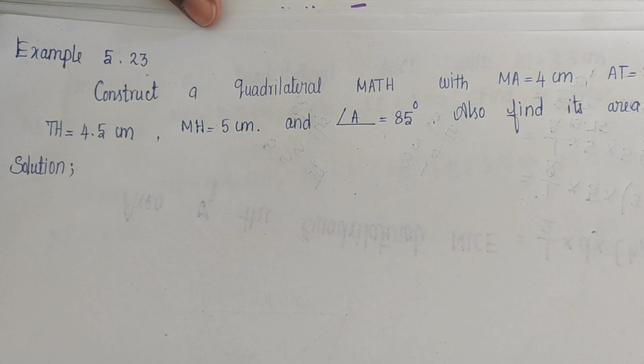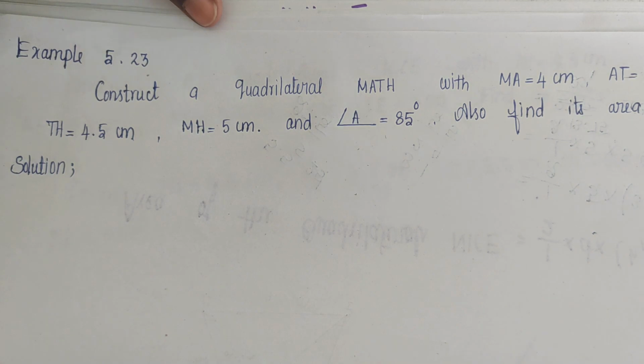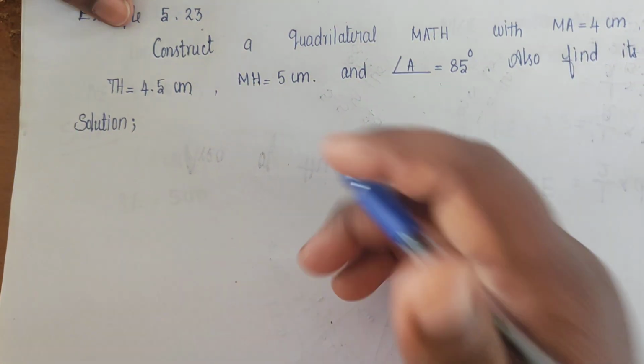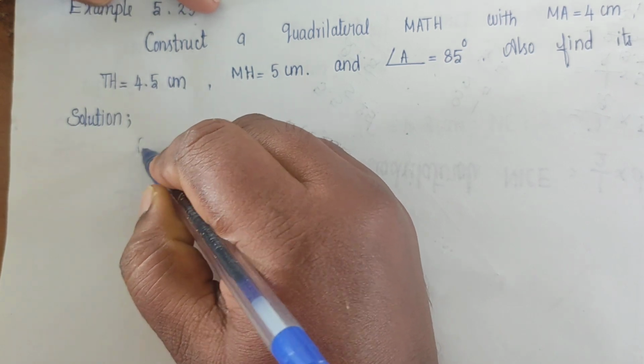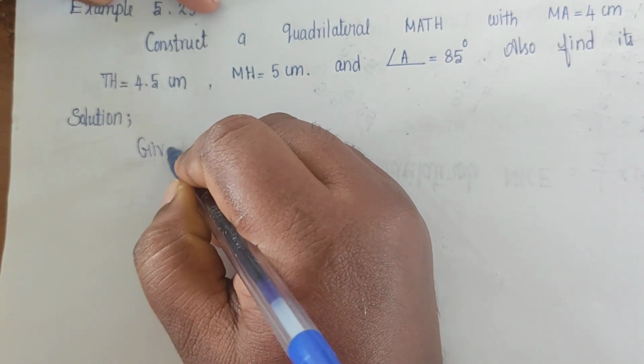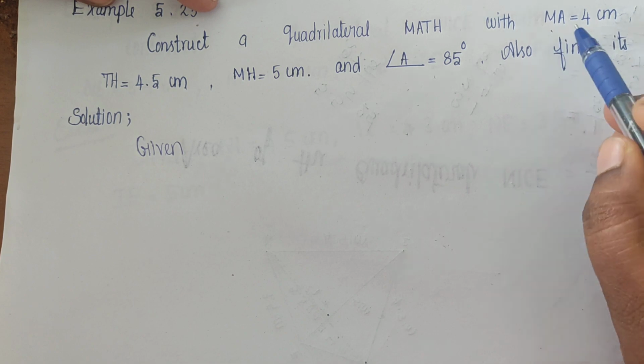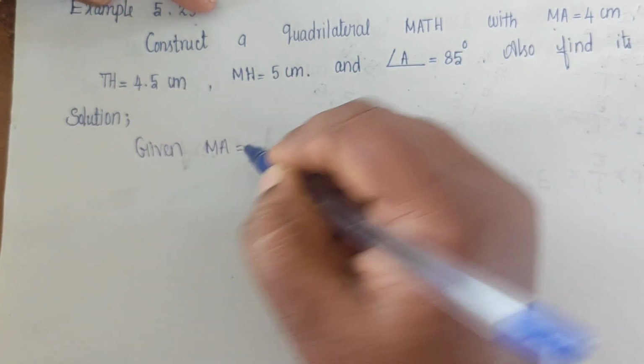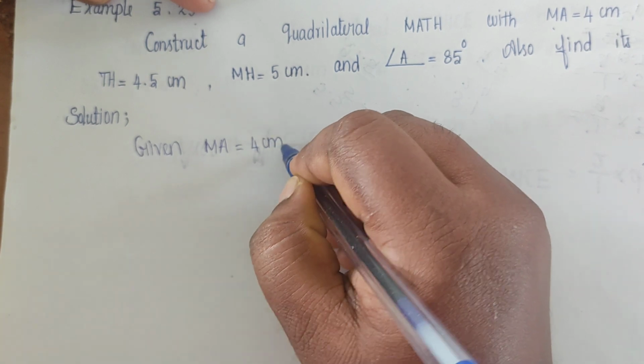What is given in the example? First we write the given: MA equal to 4 cm.